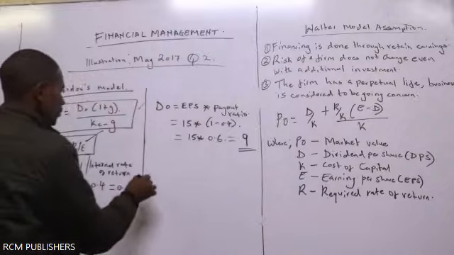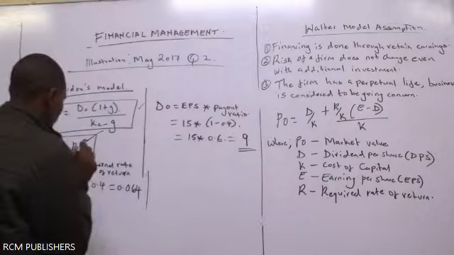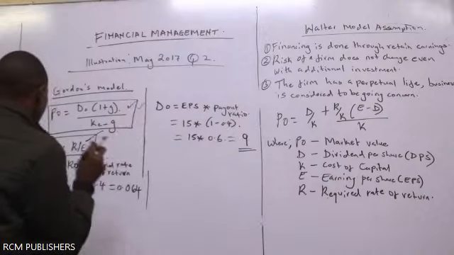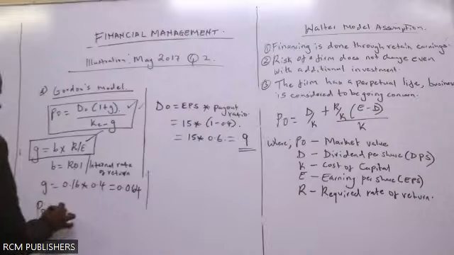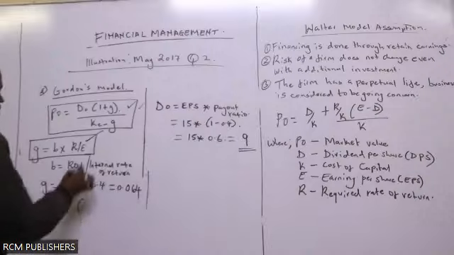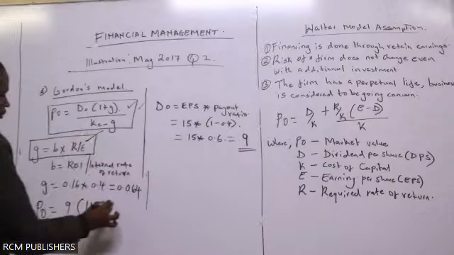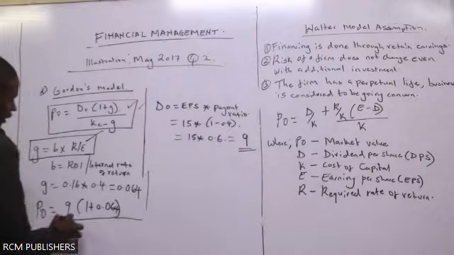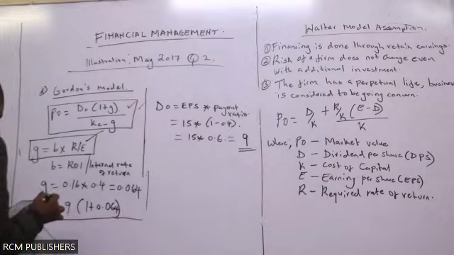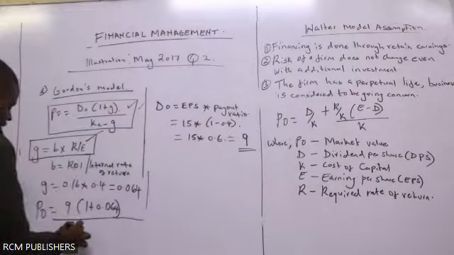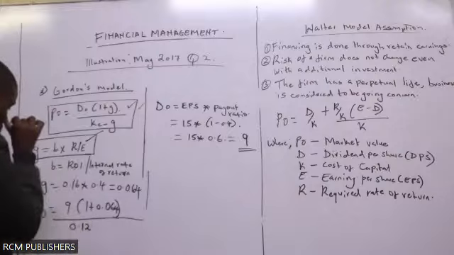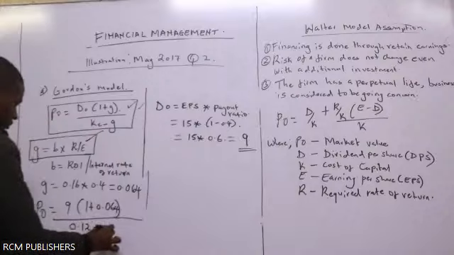Once I have this, I can apply it and get my P0 under Gordon's model. P0 will be equal to my dividend, 9, times 1 plus g, 0.064, divided by Ke, the capitalization rate of 0.12, less 0.064.